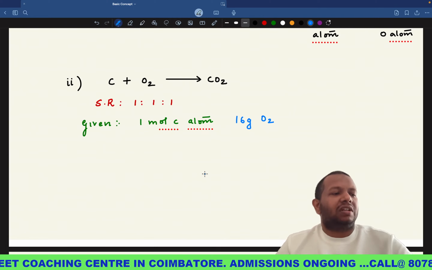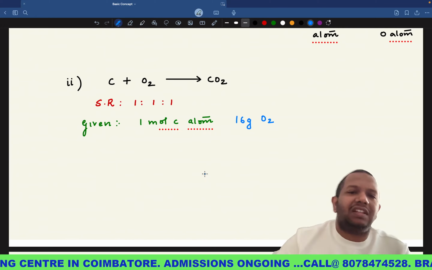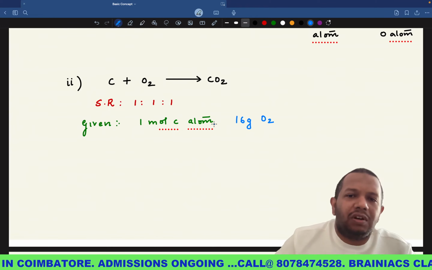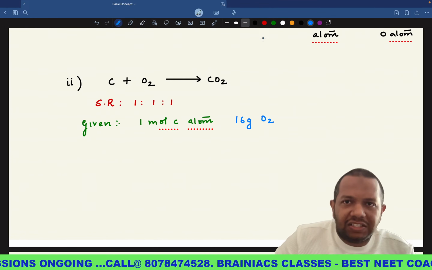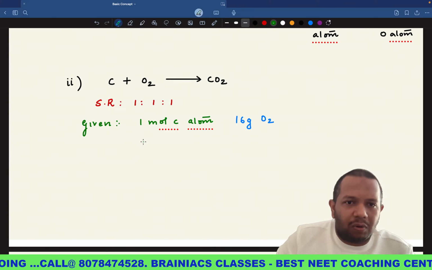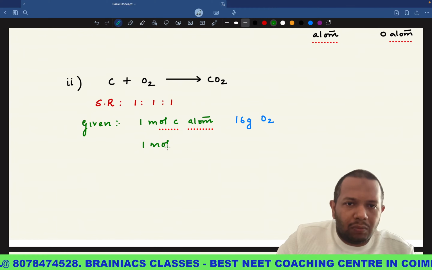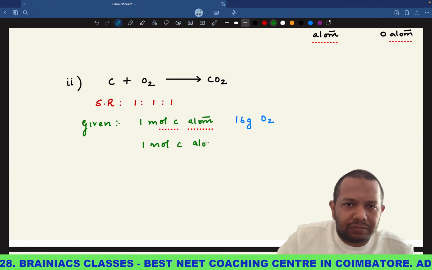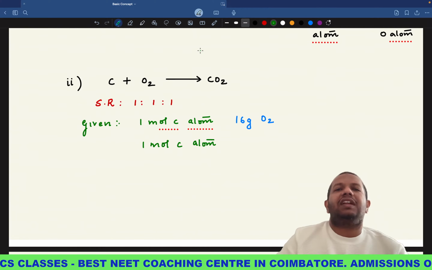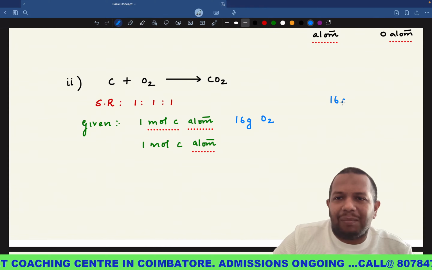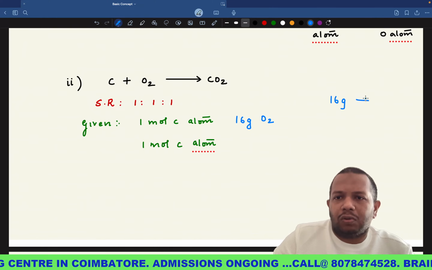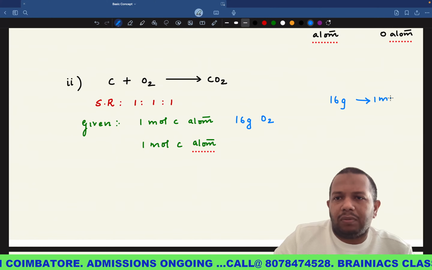So first we need to check whether any limiting reagent is present or not. For that, what we do is we convert mass also to moles. So here we don't need any change. So this should remain as 1 mole carbon atom. And here 16 gram of oxygen is how many moles? We know that 16 gram is the mass number of O2. So this corresponds to 1 mole.